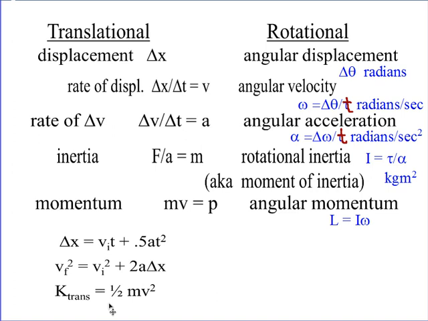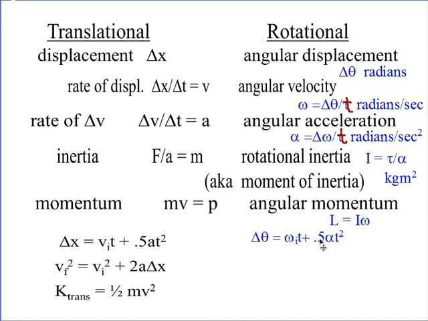Stop the show, write down what you would guess the rotational equivalent of these three equations would be. Now, start the show again and see if this is what you got. Just replace the delta x by delta theta, the v by omega, the a by alpha. Boom! There it is. There's your hook.